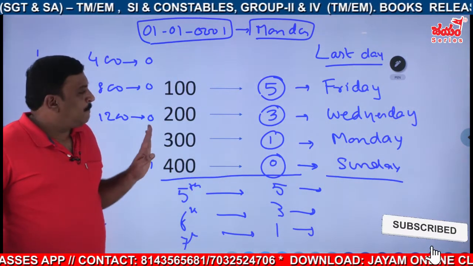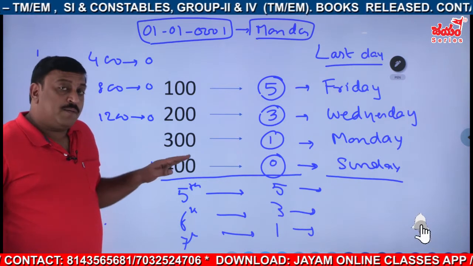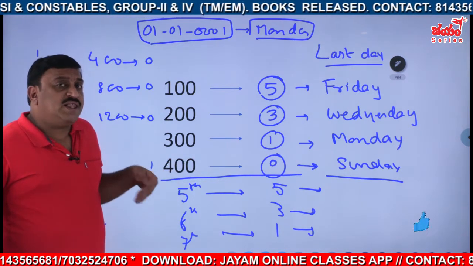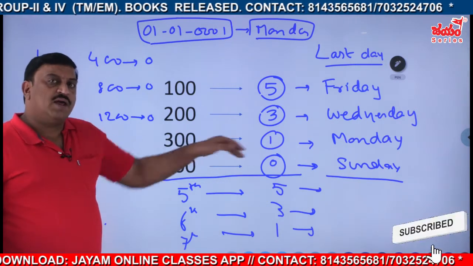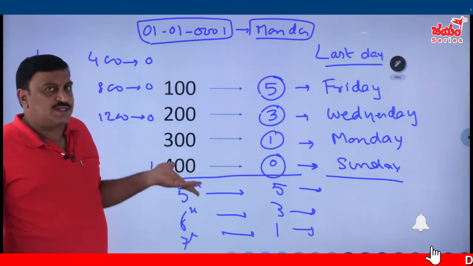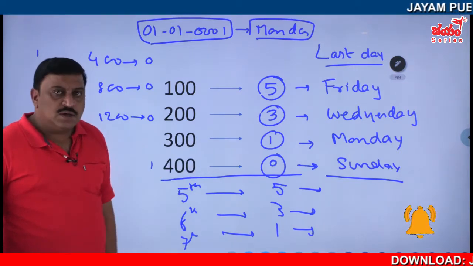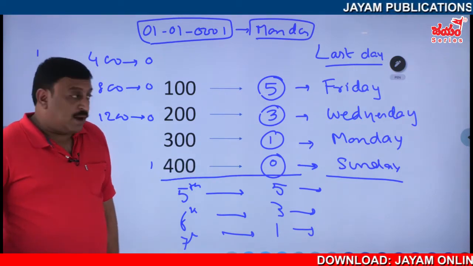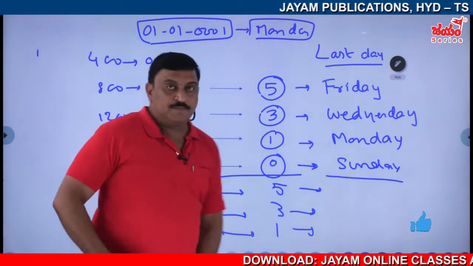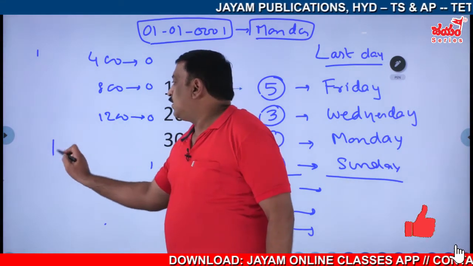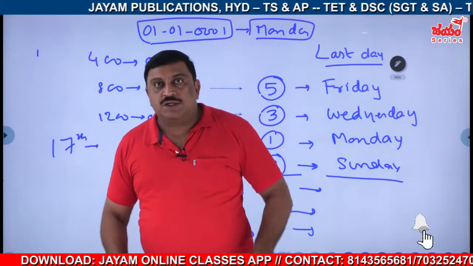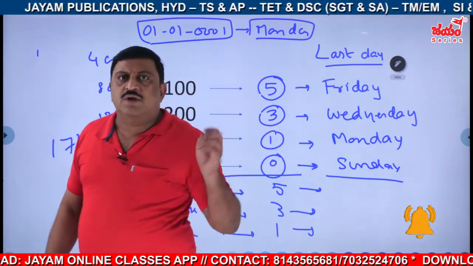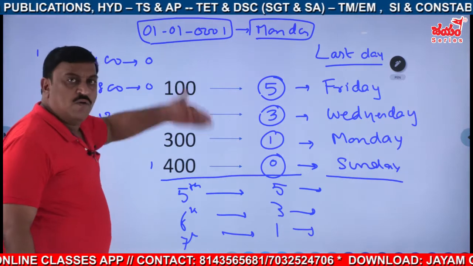Clear, right? Now, what does the 8th century end with? The 4th century ends with Sunday. Again, the cyclical process, the 8th century comes, and it is also Sunday. Then the 17th century, what does it end with?